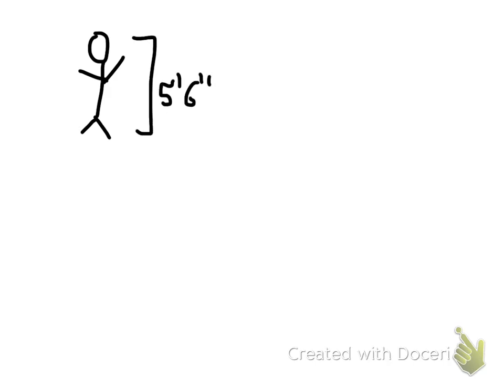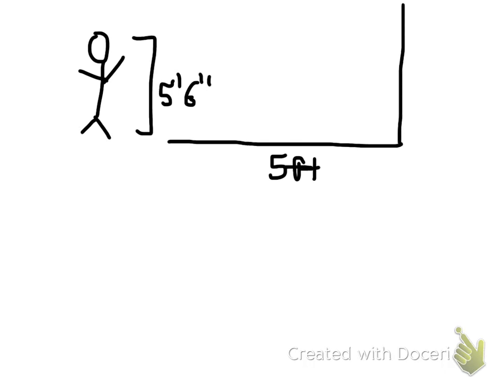Say you know your height is 5 foot 6 inches, and you're standing 5 feet from a big basketball hoop that you don't know how tall it is.